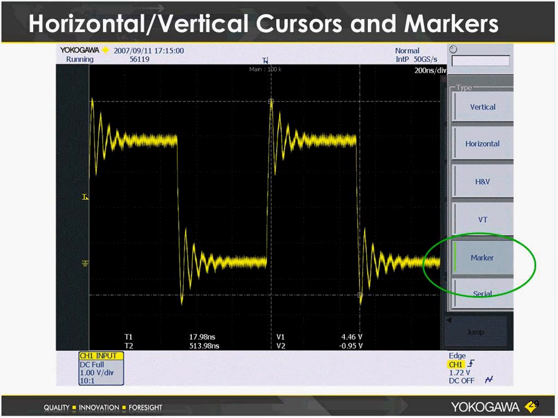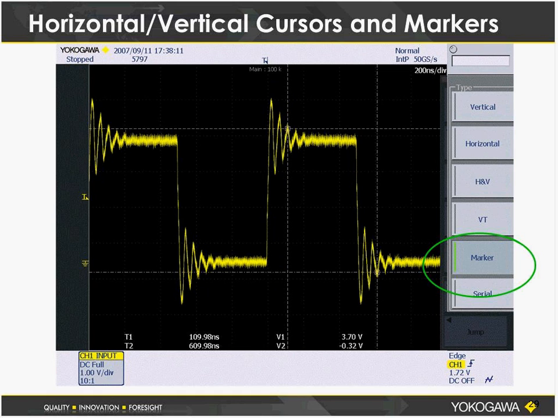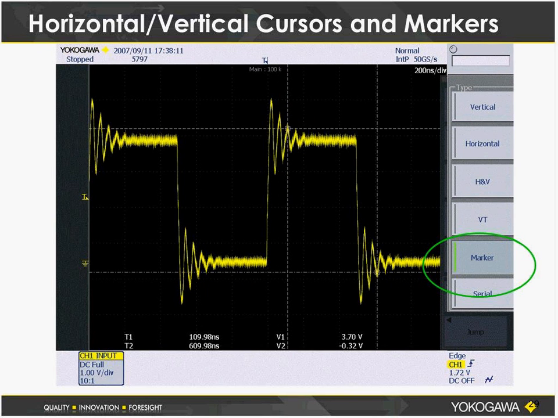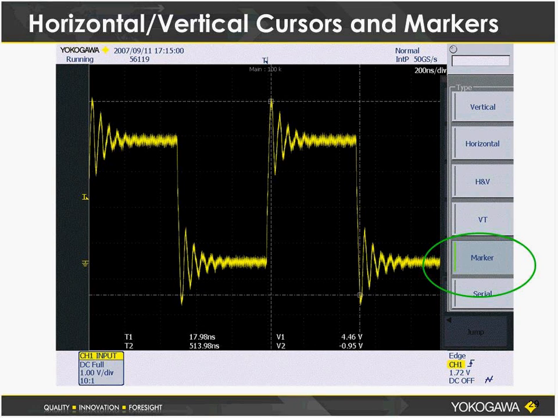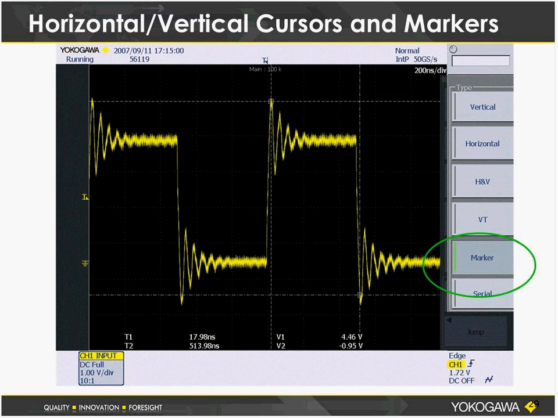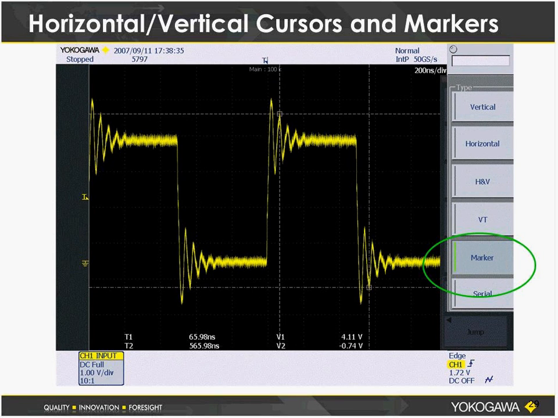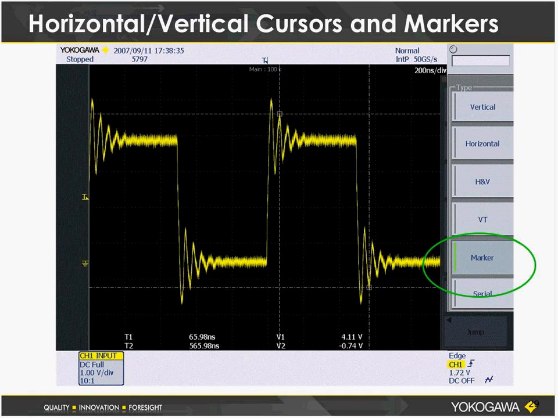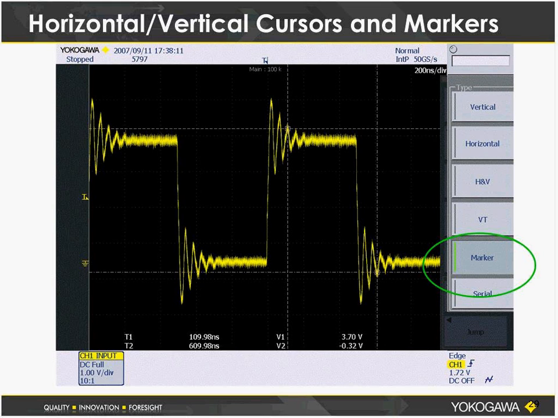And of course, every oscilloscope is going to have the ability to do vertical, horizontal, and a combination of vertical plus horizontal cursors. And these cursors will let you easily look at amplitude differences, time differences, and show you those deltas. What you do have to keep in mind when you're using cursors, though, is that cursor measurement is limited to the pixel resolution of your display.